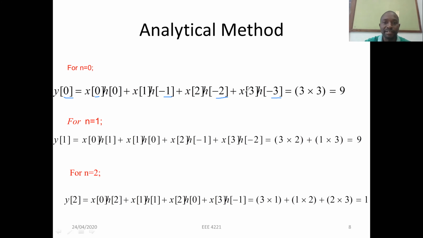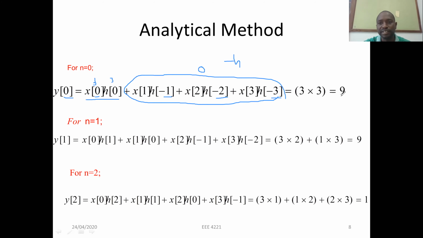Anything multiplied by 0 gives us 0, so all these terms will give zeros because you have negative h values, which are not in the original h of n equation. So the only possible combination there is x of 0, h of 0. And we know that x of 0 is 3 and h of 0 is 3. So when we multiply these, we get the first product, 9.